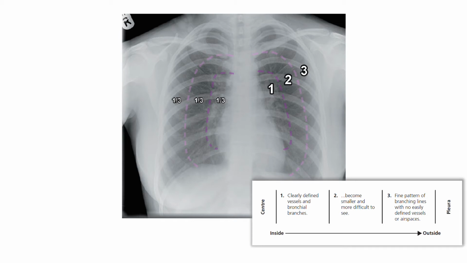As you move into the middle third of the lung, these become smaller and more difficult to see. And finally, when you move into the outer third, the portion that is closest to the pleura of the lungs, you will see fine pattern of branching lines with no easily defined vessels or air spaces.